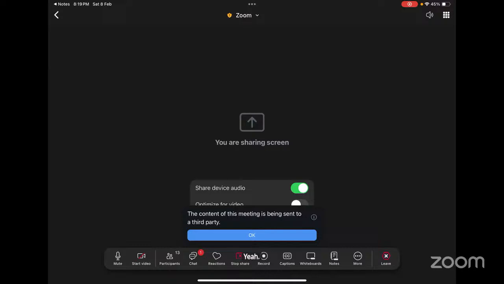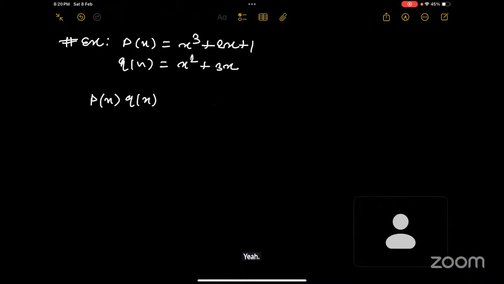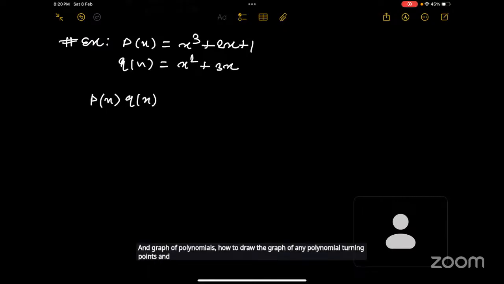What are you discussing today in this session? It's basically about polynomials. All the basic things about polynomials and the graph of polynomials, how to draw the graph of any polynomial, turning points and all. I am in week 4.